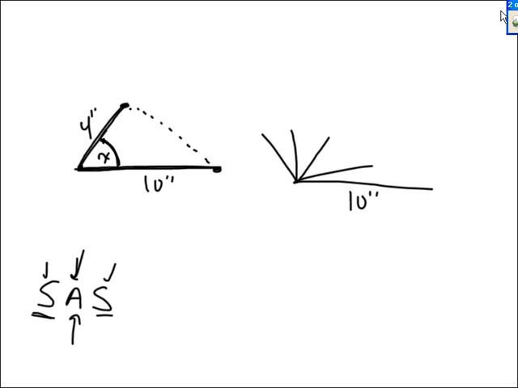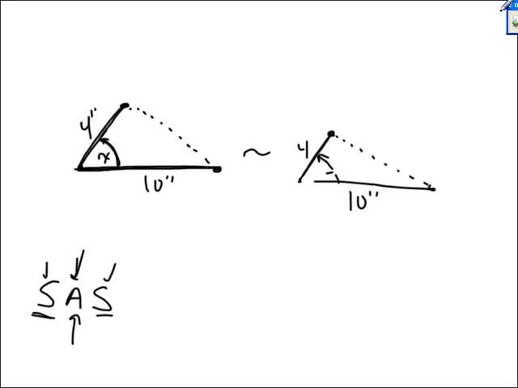It must be that angle. That is, it can't go 4 here, or 4 that way, or 4 this way. It must go 4 that way. And then the third side has only one option. It has to go from here to here.